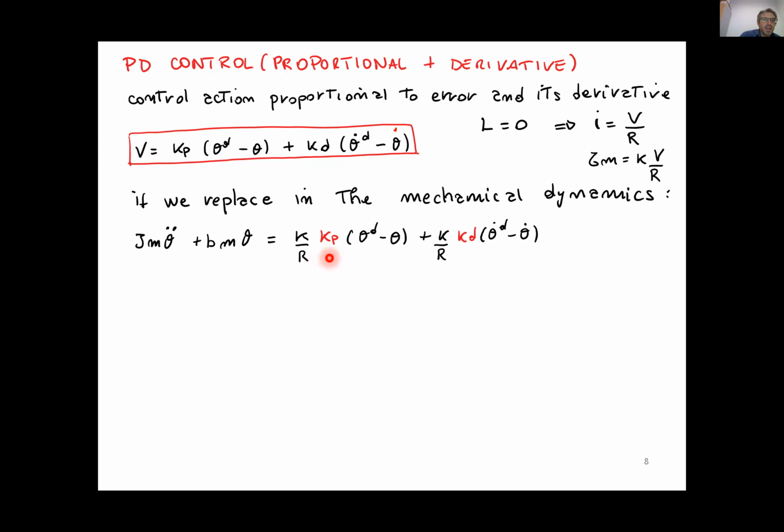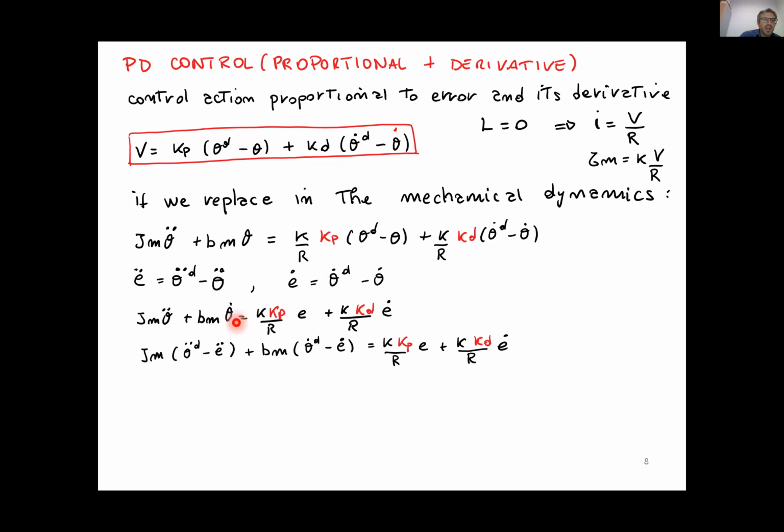Since we have neglected the electrical dynamics, we just have a pure scalar mapping between the torque and the voltage. And if we replace this definition of the derivative of the tracking error, which is the desired velocity minus the actual velocity, and similarly the desired acceleration minus the actual acceleration for the second derivative, we can obtain an expression like this.